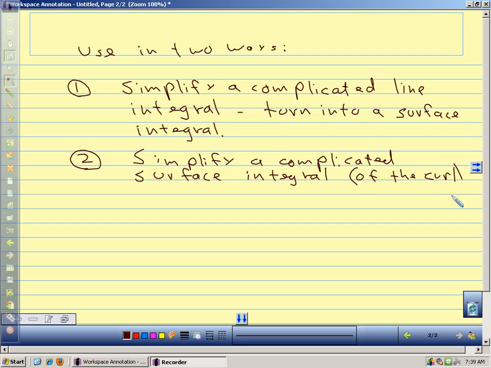So if we have a complicated surface integral that involves a curl, we turn it into a line integral. We might be able to turn the integral of the curl into a line integral over the boundary, and that might simplify our problem.